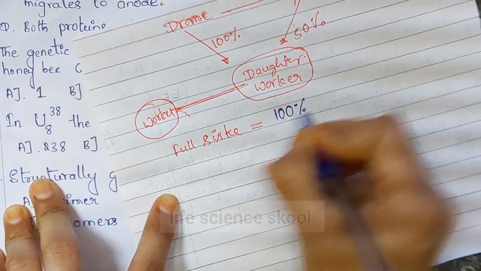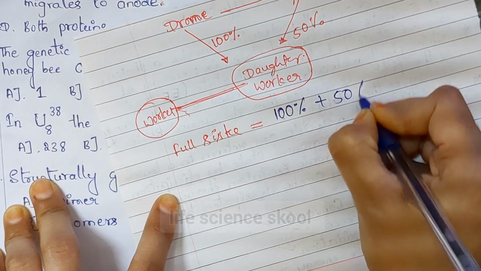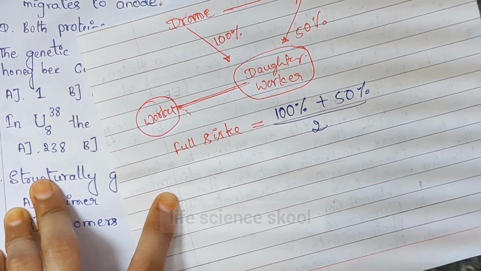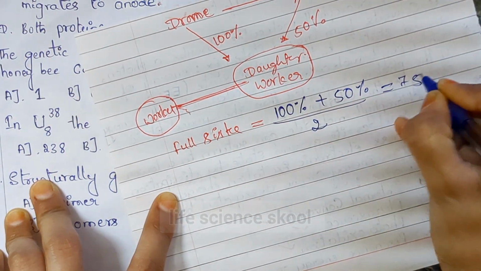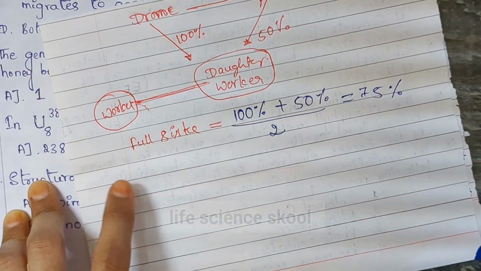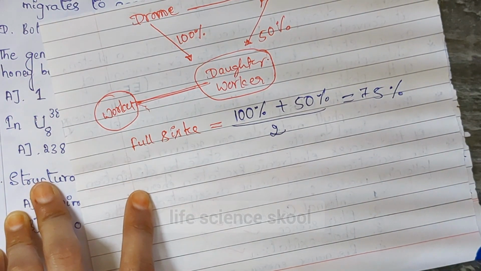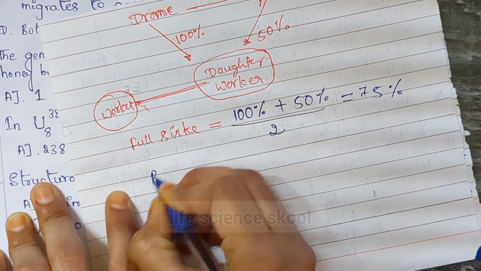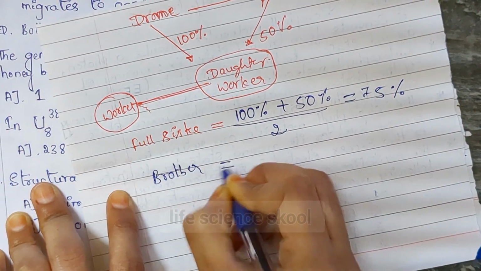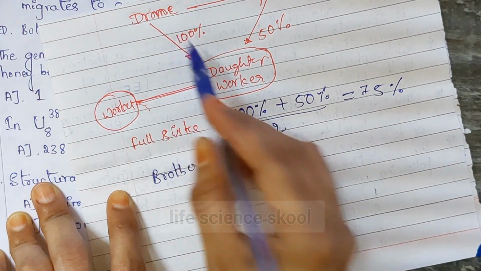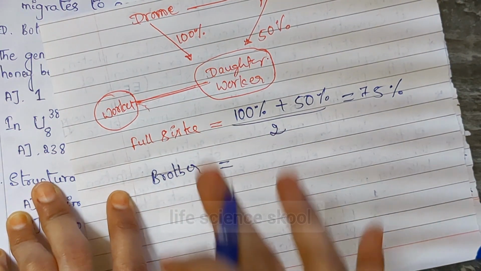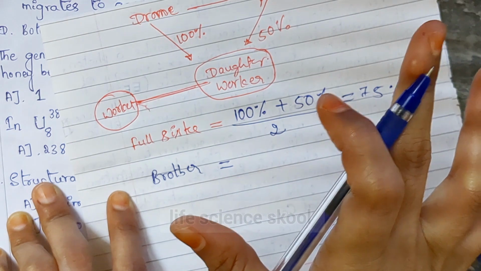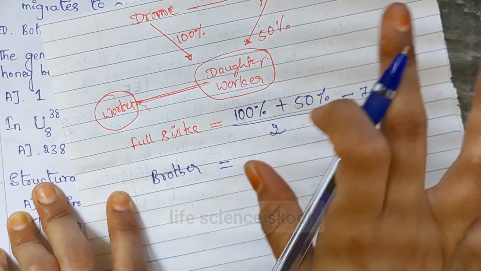Father side 100% plus from mother side 50%, divided by 2, so it will become 75%. Or if they have a son, a brother, which is a drone, the father is not going to share any percent, only the mother, the queen, is going to share the genes.